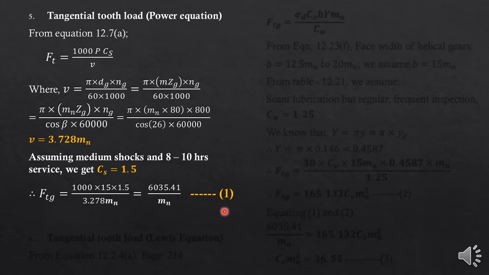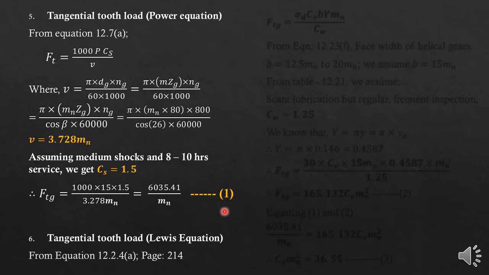Okay. Now, we also obtain tangential tooth load from the Lewis equation. Lewis equation for tooth load for helical gear is obtained in 12.24a, page number 214, and we get it in this particular form here.